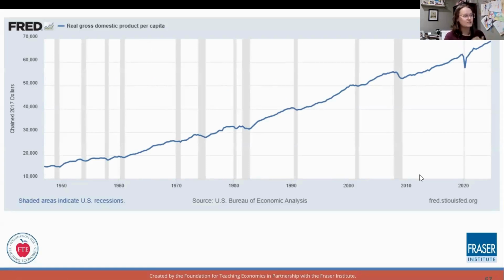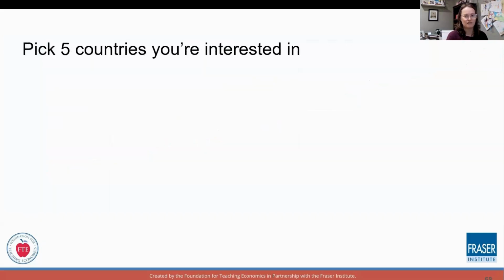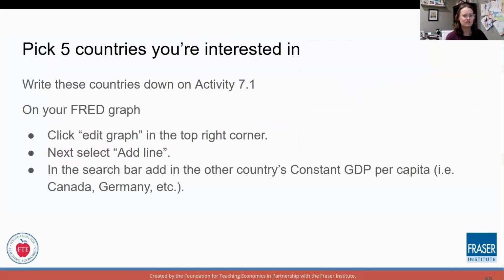Now, one of the things that I like to have my students do is the searching instead of just providing them the links, because I want them to actually look at how to access the data, right? I want them to actually mess with it. I want you to pick 5 countries you're interested in, and write those countries down on activity 7.1.